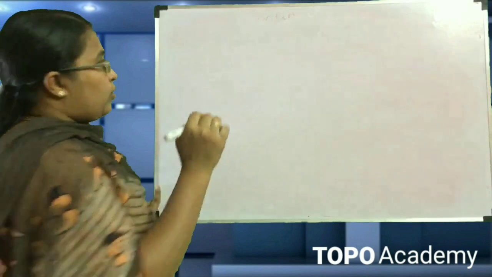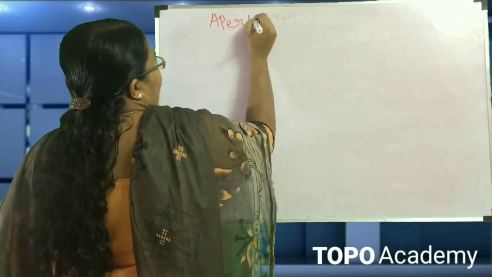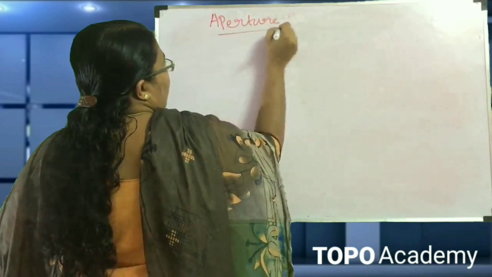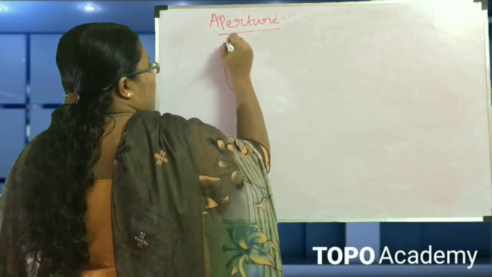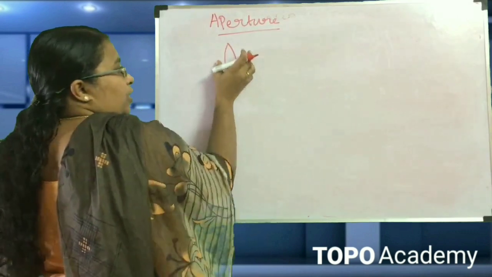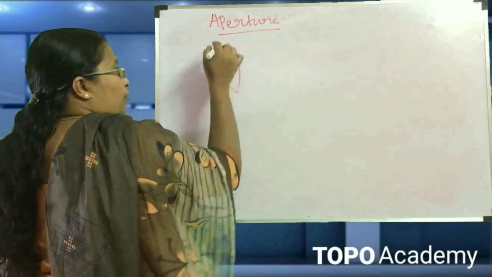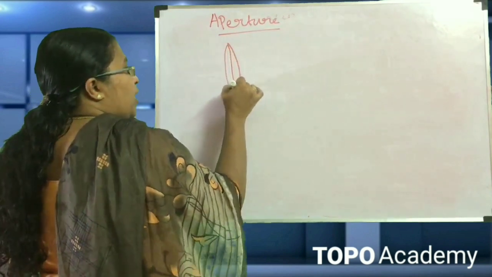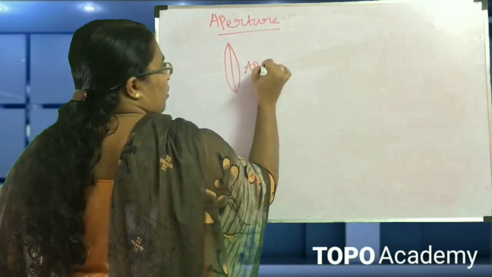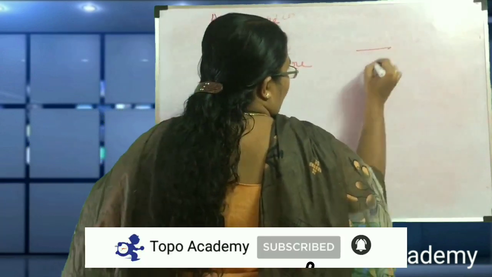Next is aperture. Aperture means, this is the diameter of the lens.